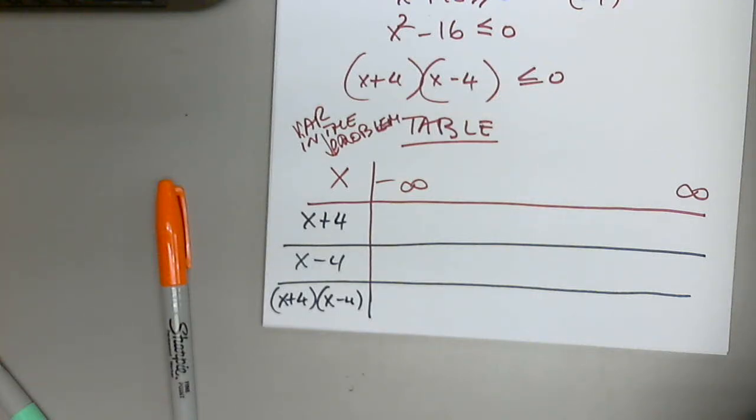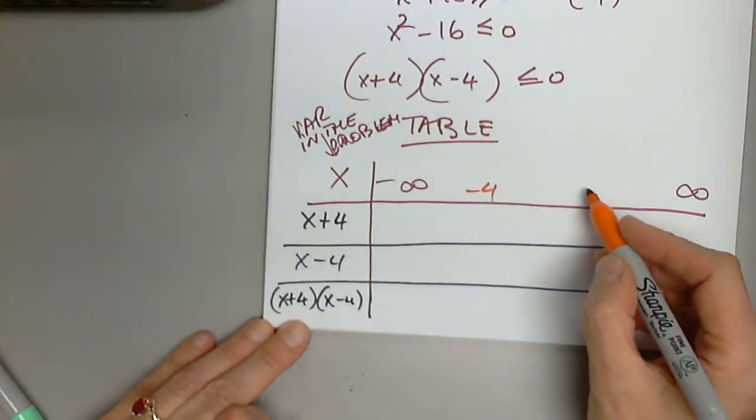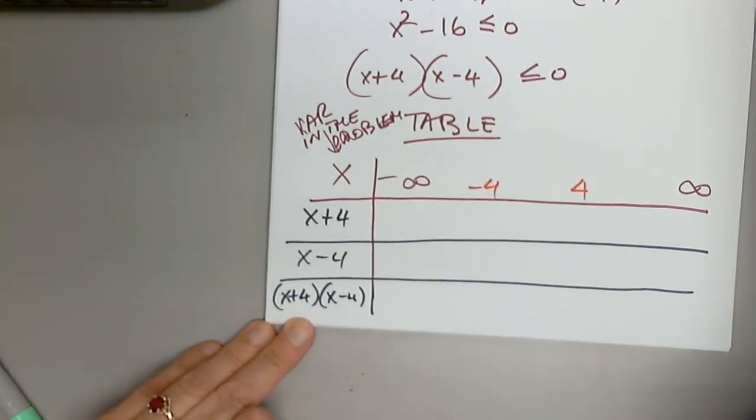So now I would like you to tell me, where is this quantity 0? When x is? That's all I need in the table. So please tell me, where do I put them? Which one is first? I put -4 first, and then? Very good, awesome.